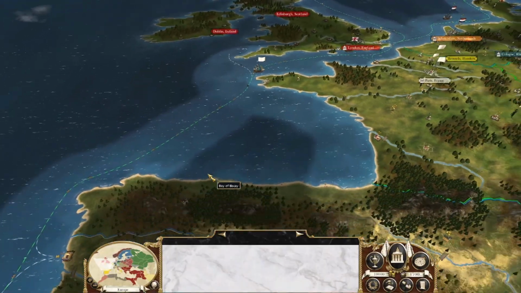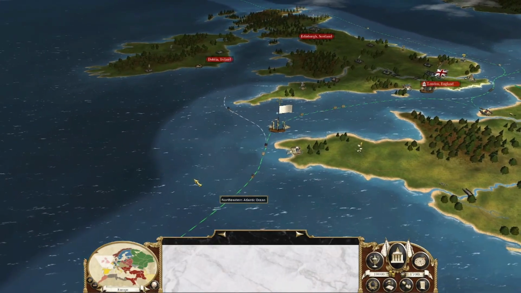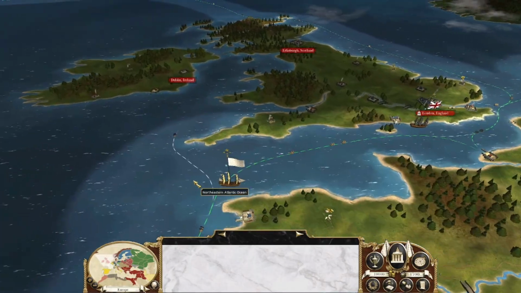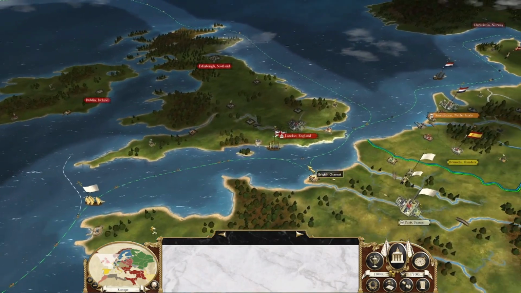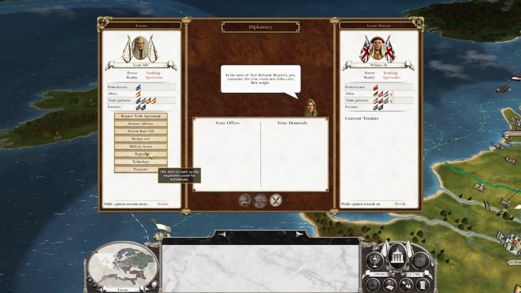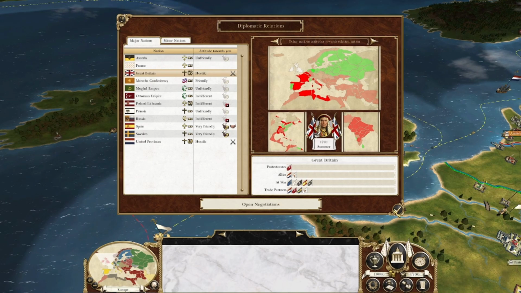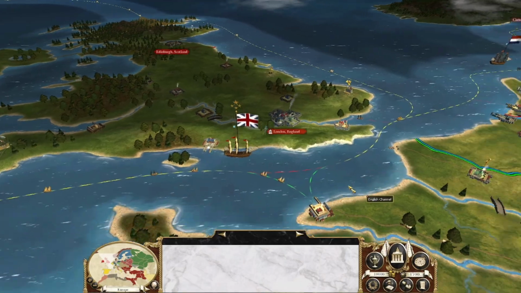The colour of the trade routes can tell you who's using them, so you can see the trade route that is green is used by us or by our allies, and so this white trade route is used by any neutral countries. But if, say, we were at war with Britain, you can see that the trade route here is red, which means it's used by an enemy.